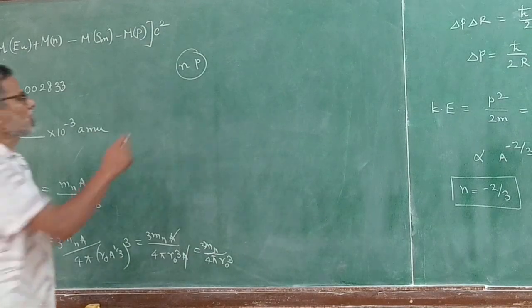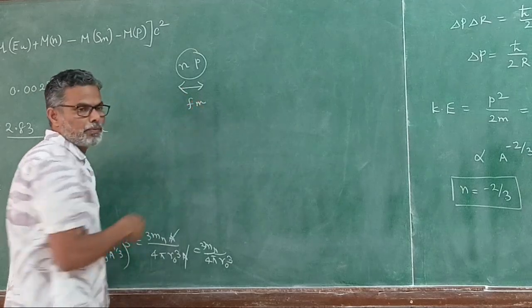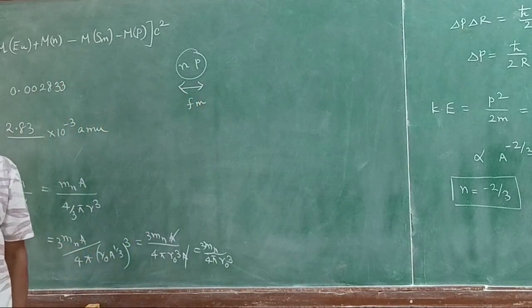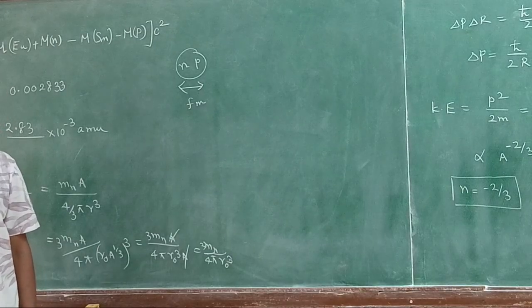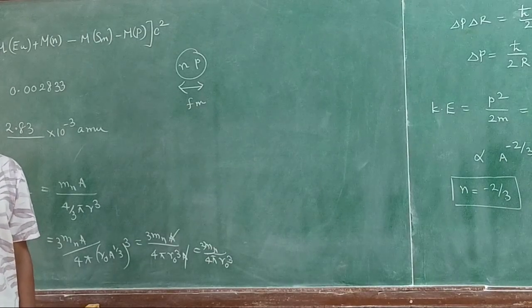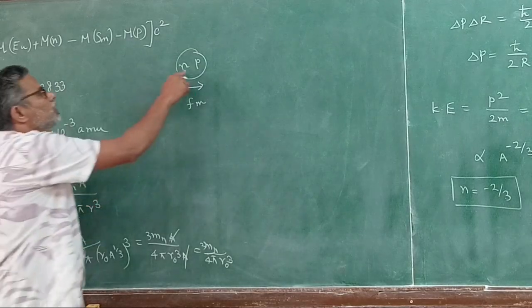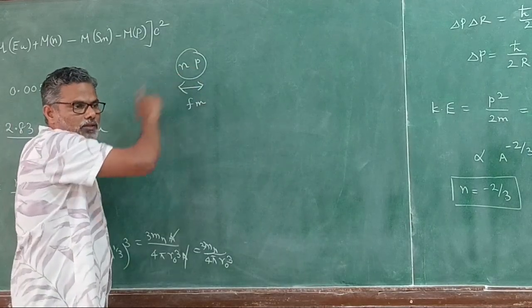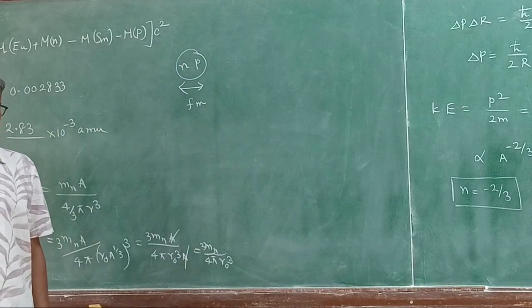Nuclear force is the shortest range and strongest force, with range of about 10 to the power minus 15 meter, or less than that. Nuclear force is the same for proton-proton or proton-neutron. Whatever type of particle is inside, combined we call it a nucleon. So the force is independent of the charge.